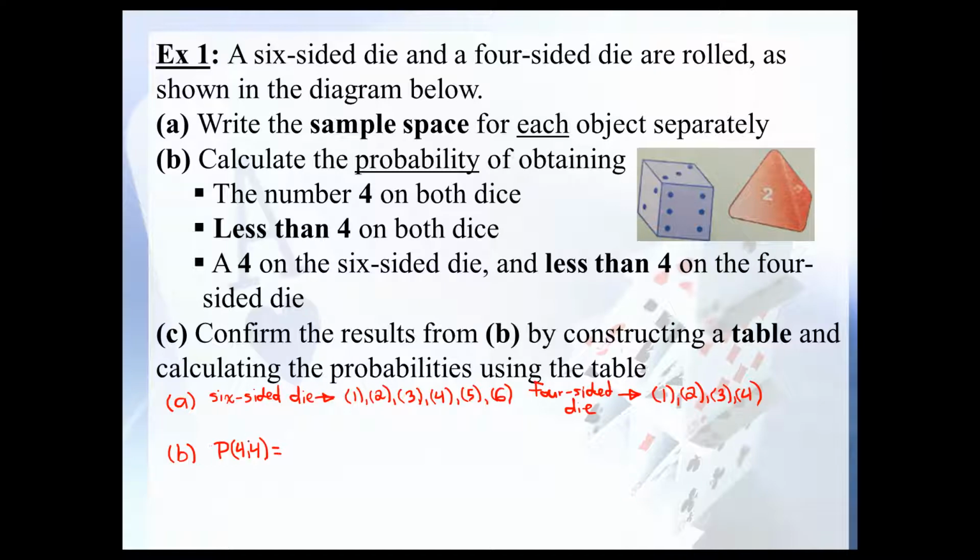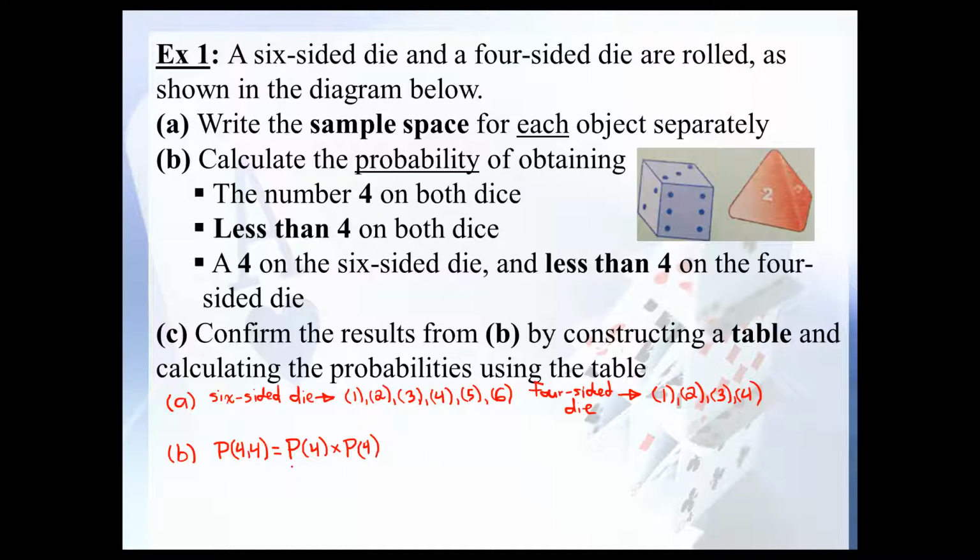Now, according to my equation, that would be equal to the probability of rolling a 4 on the 6-sided die times the probability of rolling a 4 on the 4-sided die.